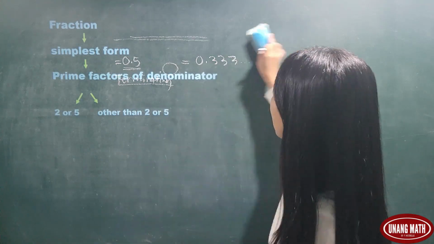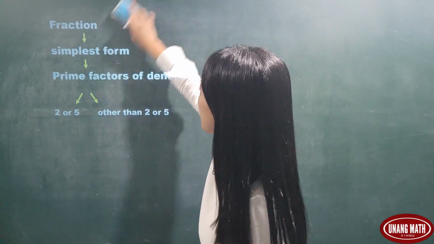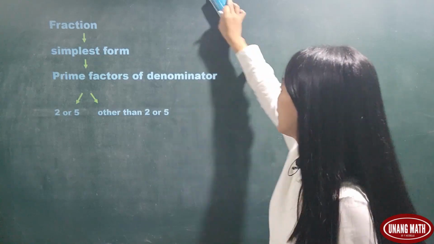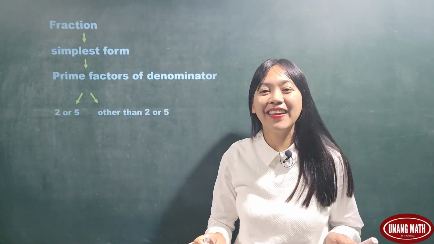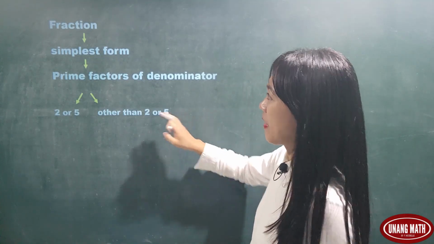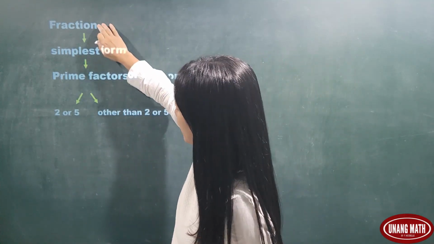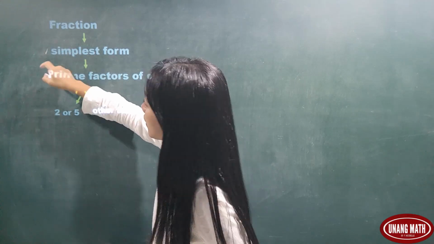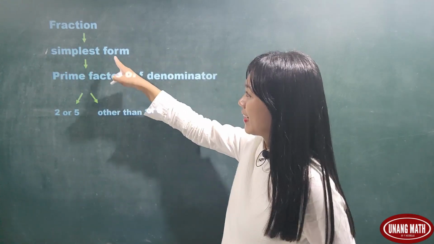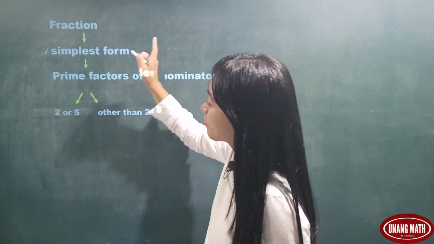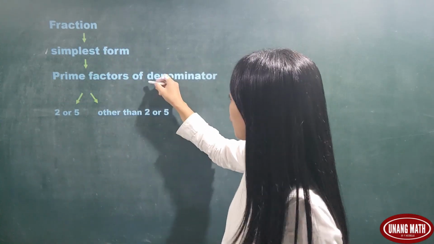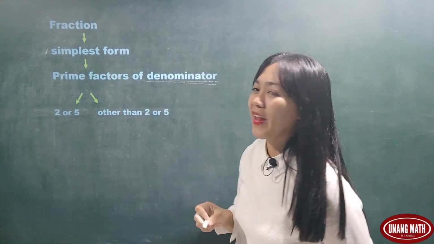So what's the process or the things that we should remember? The fraction can be converted to a terminating or non-terminating decimal. First, the fraction must be written in its simplest form. After that, get the prime factors of the denominator.